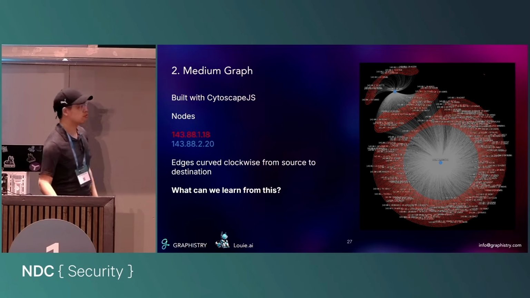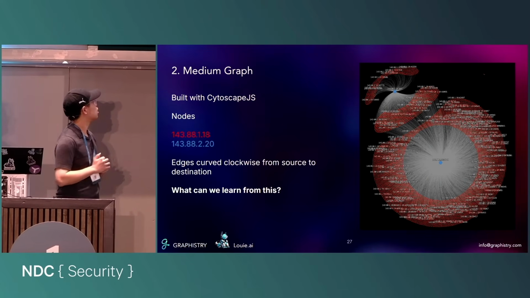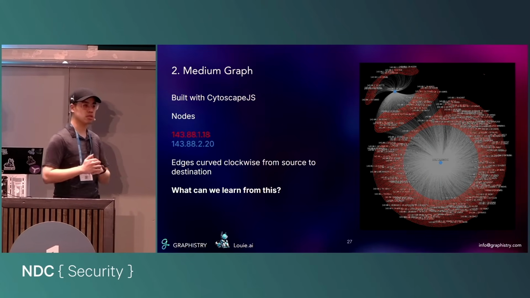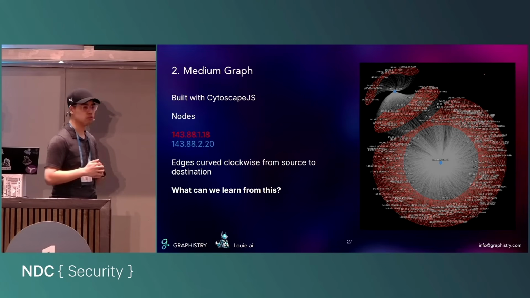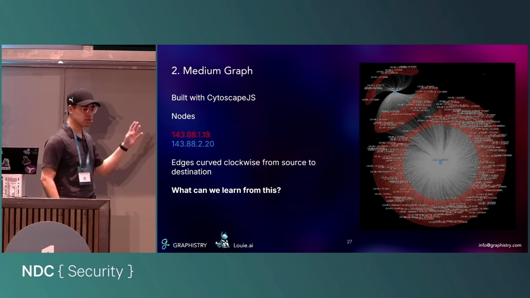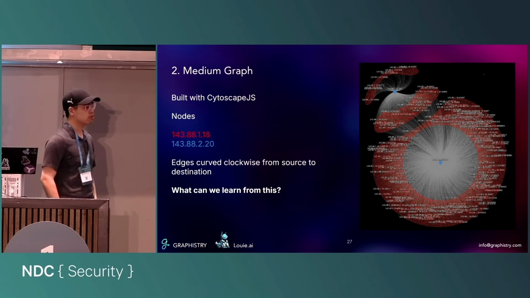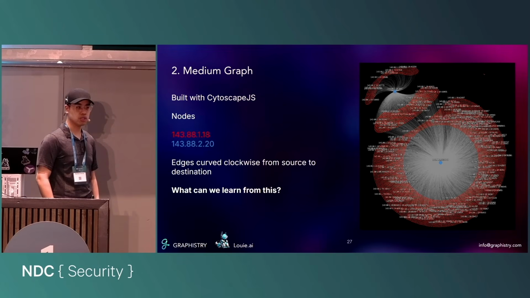A few notes about how this is built. Again, this is with Cytoscape.js. Something's different this time. Instead of using NetworkX for the layout, I'm using another layout from cuGraph, and you'd probably want to start getting into GPU accelerated layouts at around this point.